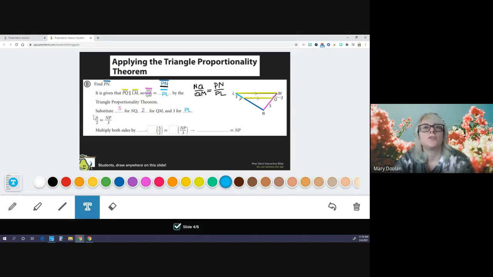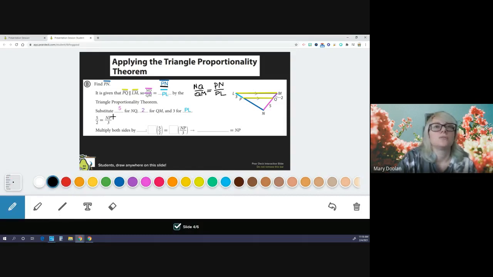To solve this, this time we're not having to flip both sides of the proportion. We're not taking the reciprocal of both sides because the thing we're trying to find is already in the numerator. That makes it easy. So we're just going to multiply both sides by 3, and that's what these boxes are for, to show that you're multiplying everything by 3.